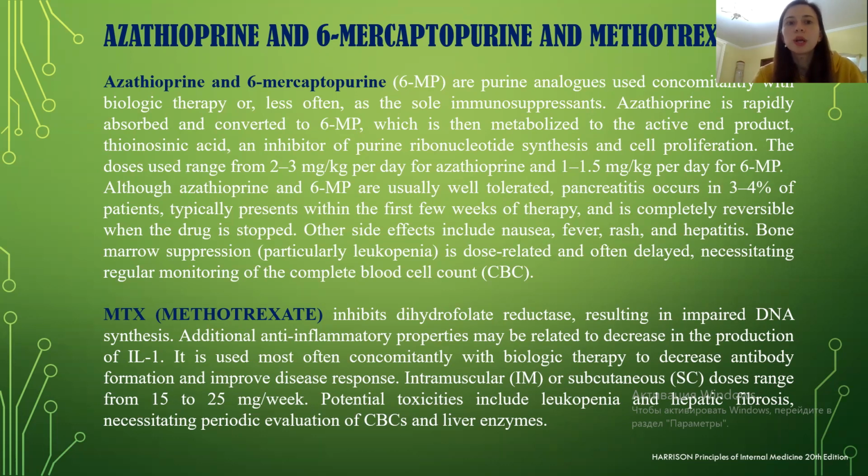Azathioprine is rapidly absorbed and converted to 6-MP, which is then metabolized to the active end product thioinosinic acid, an inhibitor of purine ribonucleotide synthesis and cell proliferation.